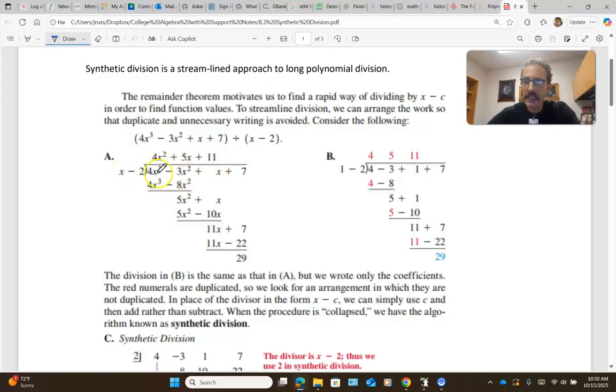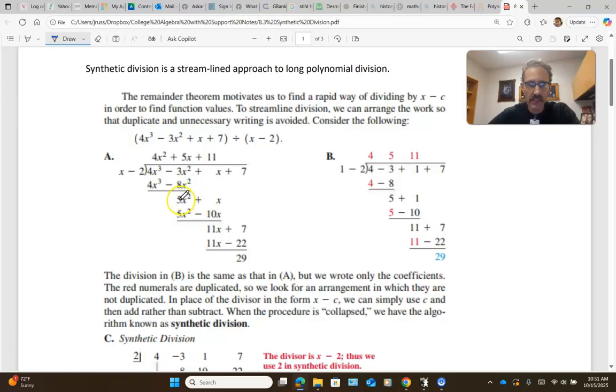But you don't actually need the x's to do this process. In fact, if we take the x's out, and you look over here, then you say 1 goes into 4 times. 4 times 1 is 4. 4 times negative 2 is negative 8. And then you subtract. Well, 4 minus 4 is 0. And then negative 3 minus a negative 8 is actually 5.